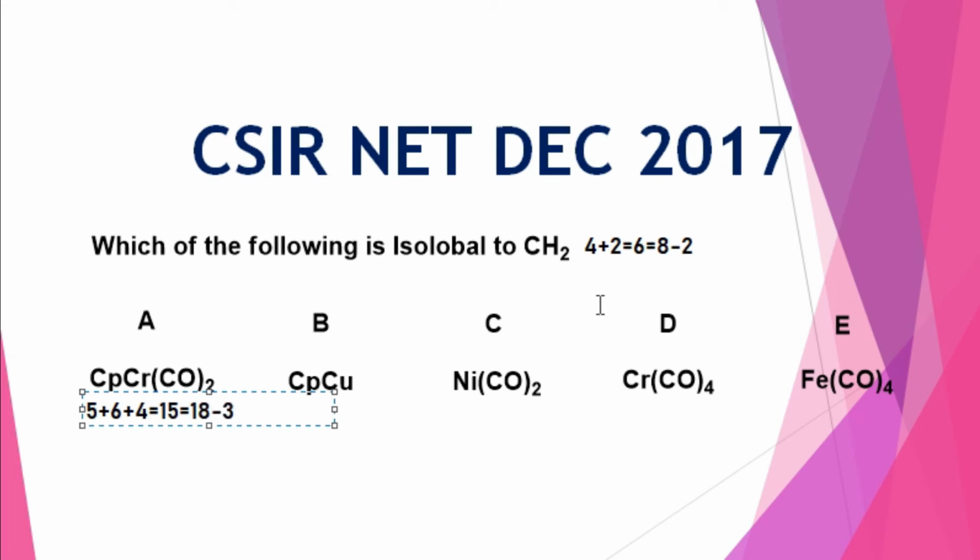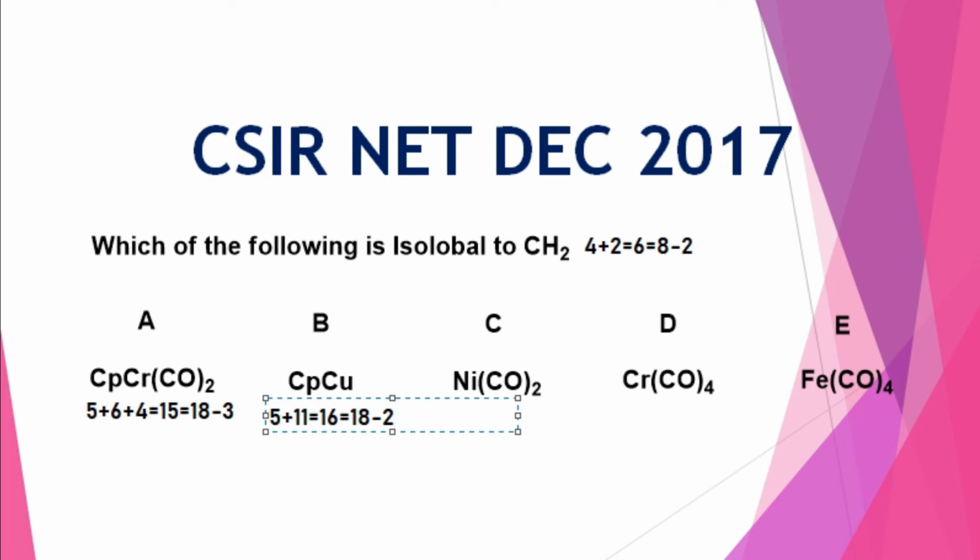So this is not isolobal to CH2. So let's take now CpCu. Cp donates 5 to its metal ion, and copper has 11 valence electrons. So you get 16, which can be written as 18 minus 2.